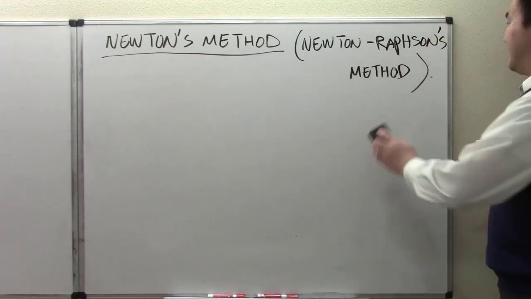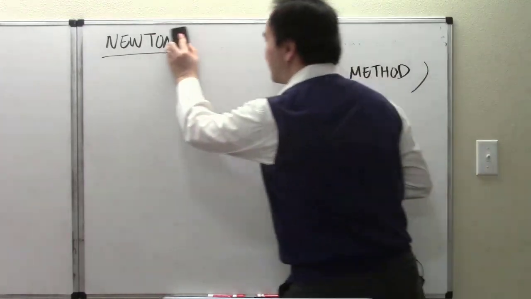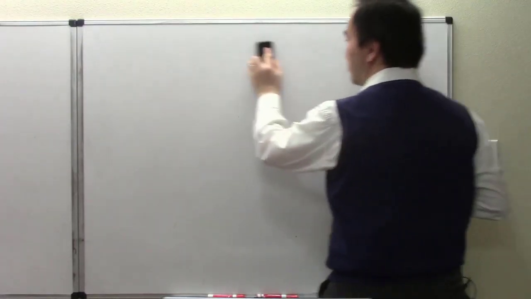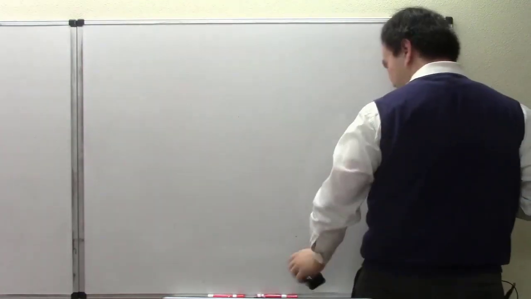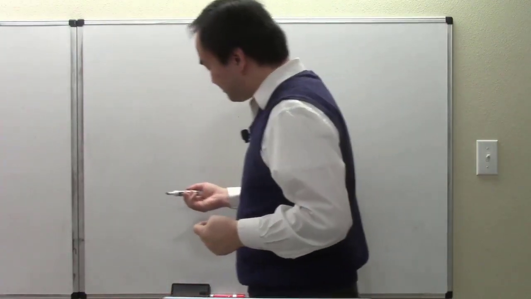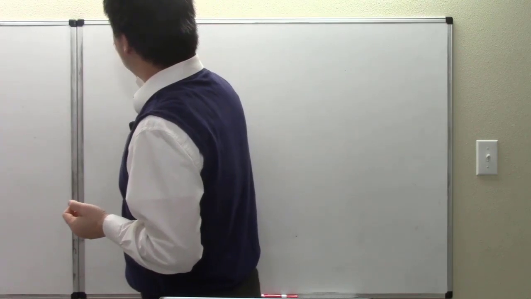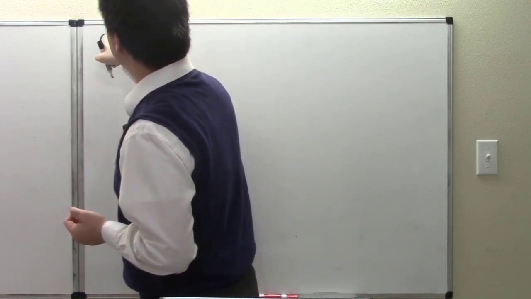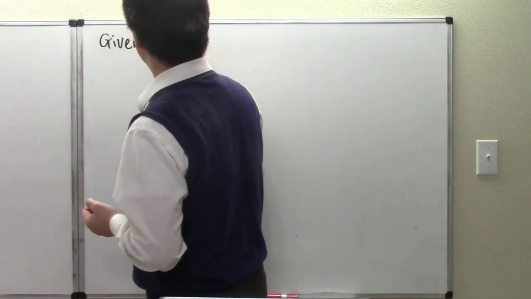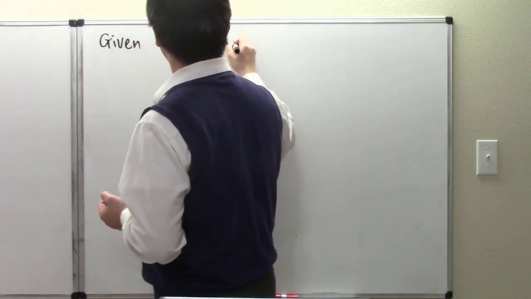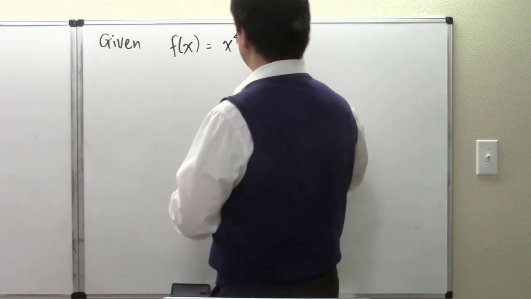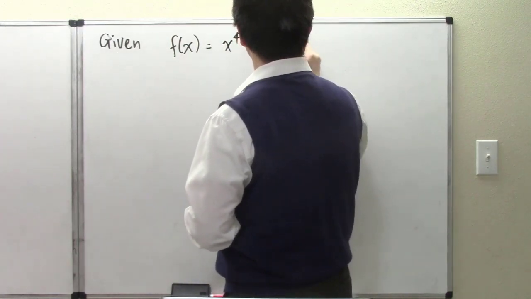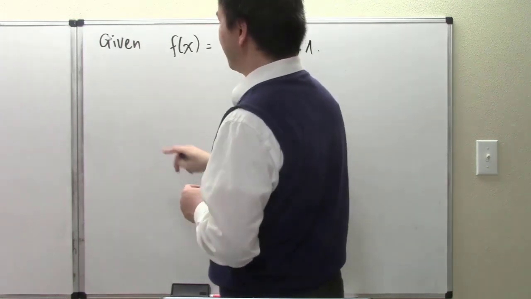All right, now let's begin with an introductory problem. Let's say we are given this function: f of x equals x to the fourth minus 4x cubed plus 1.